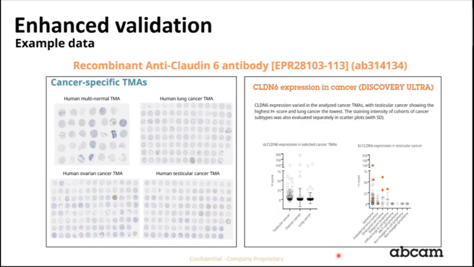And after staining them, we also analyzed the expression of Claudin-6 in these cancer tissues, and then we came up with the expression level of Claudin-6 in the different tissues so that you can refer to it, let's say, when you are choosing the antibodies and deciding which cancer tissue or cells to use as your positive control.